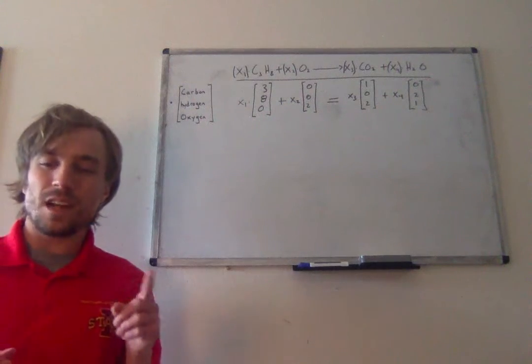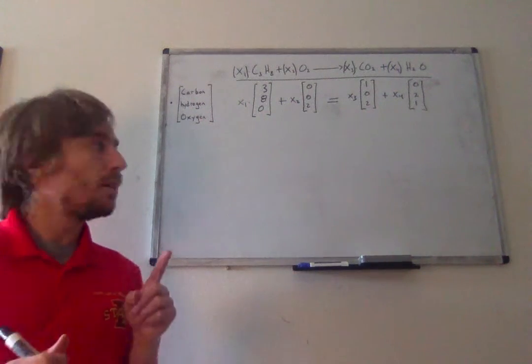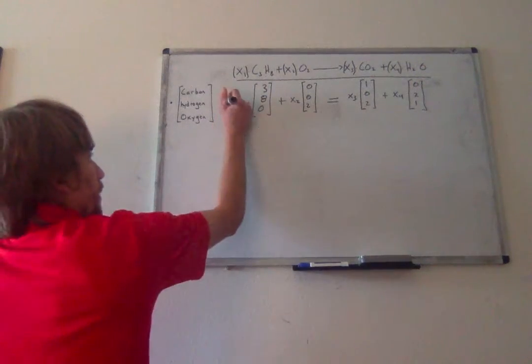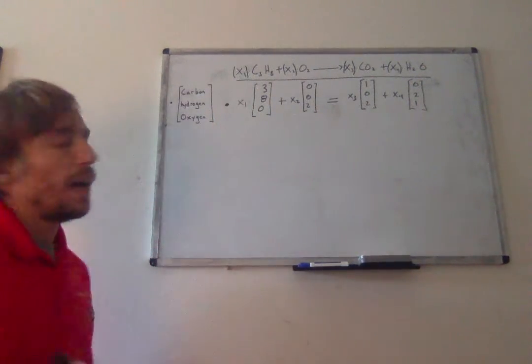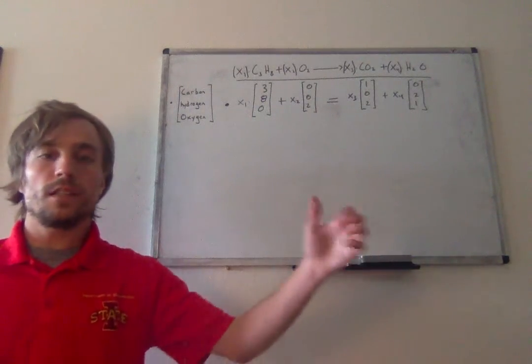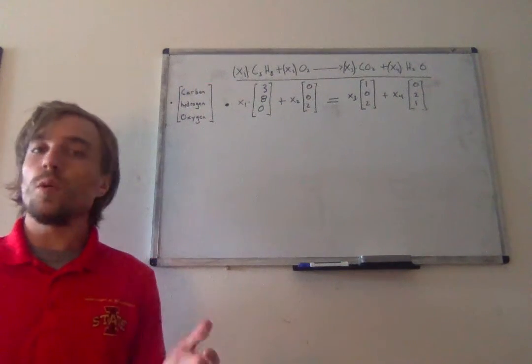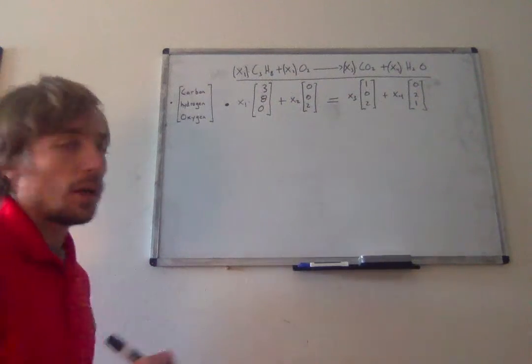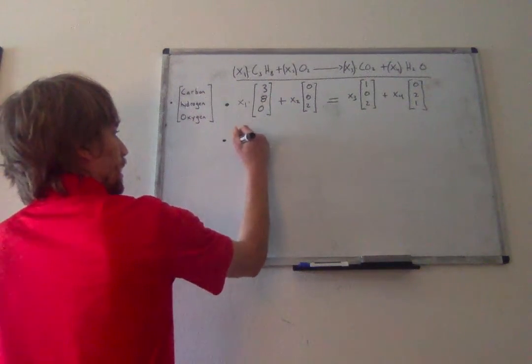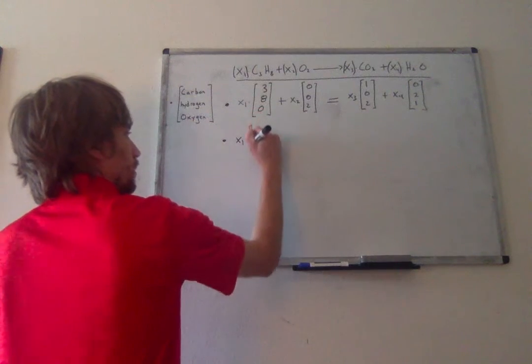But again, it's not quite in a form that we can solve it in yet, right? So ideally, to solve it, we want all of the variables on one side and maybe a constant vector on the other side. So what we're going to do, just like last problem, is set this up as a homogeneous equation.